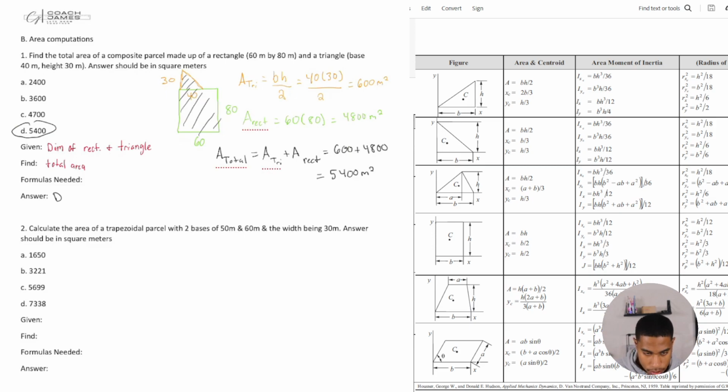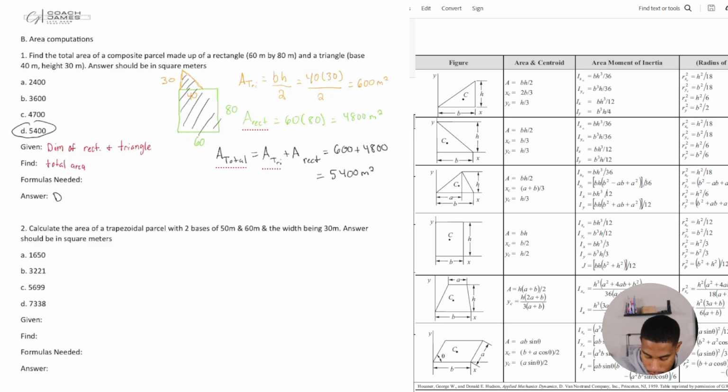Let's look at number 2. Number 2 says, calculate the area of a trapezoidal parcel with two bases of 50 meters and 60 meters, and the width being 30 meters. Answer should be in square meters. Cool.